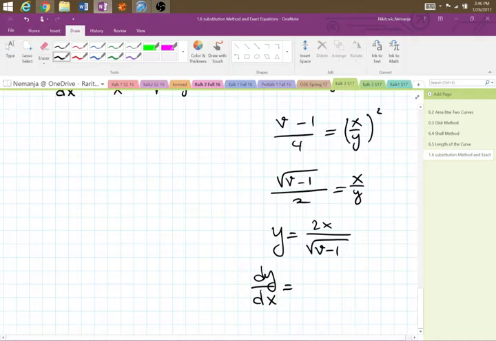Anyone? Quotient rule, square the bottom. Put the bottom here, times the derivative of the top, minus, copy the top, times the derivative of the bottom, which is where all the crazy stuff is.